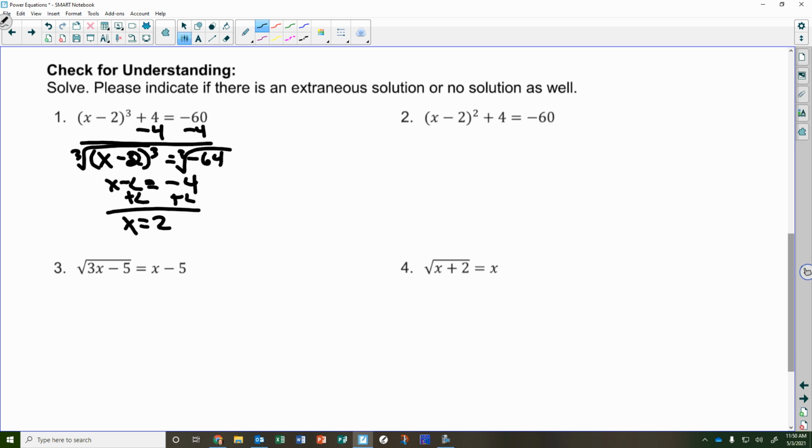Okay. Again, I can plug this in here and check it. And that's x equals negative 2.